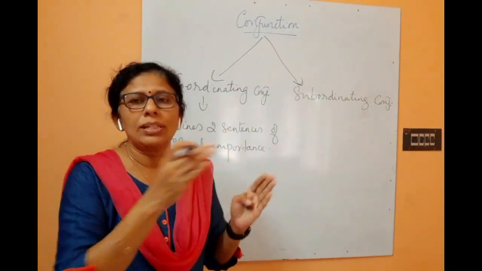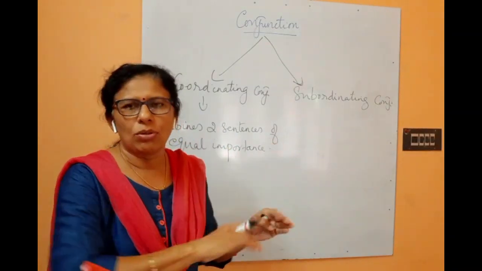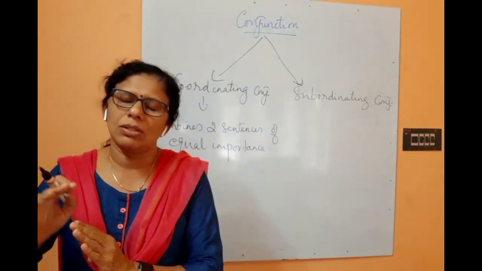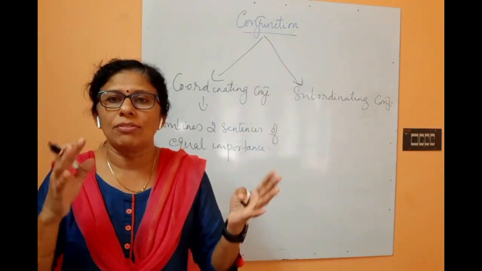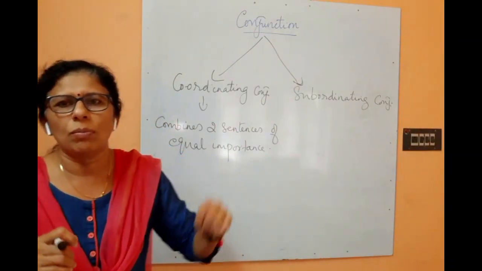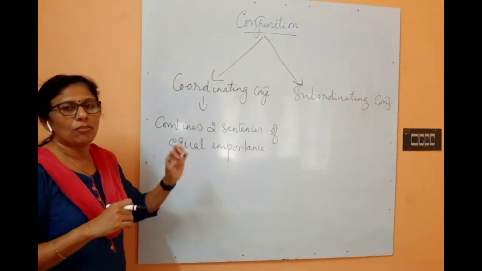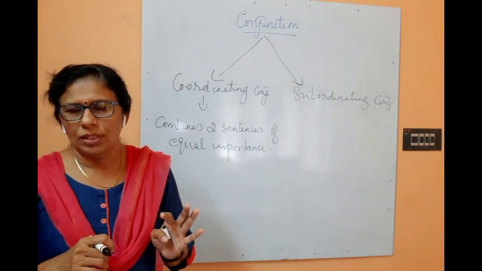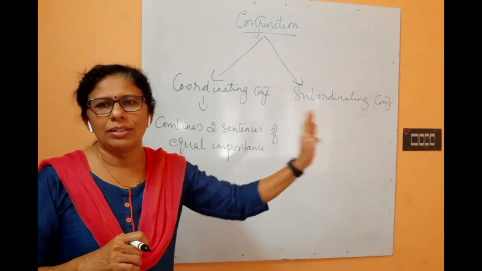Both sentences have equal importance and they balance each other. Such sentences will be combined with the help of coordinating conjunction. Understood? Subordinating conjunction is entirely different from that.